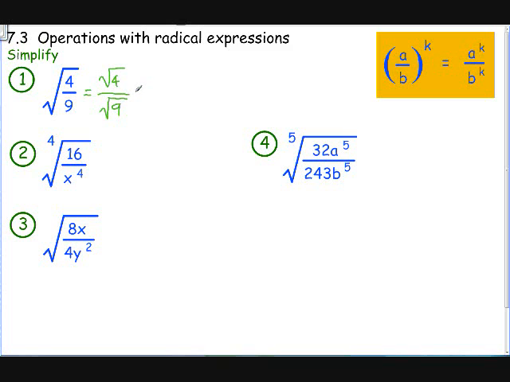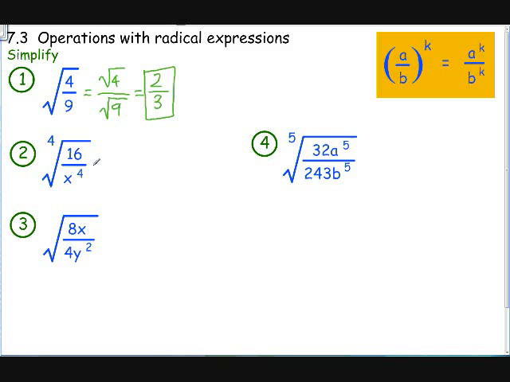In this case, we can move ahead immediately because we know the square root of 4 is 2, and the square root of 9 is 3. And of course, we were looking for the principal square root, so there we are. We're all set. We have a positive square root.